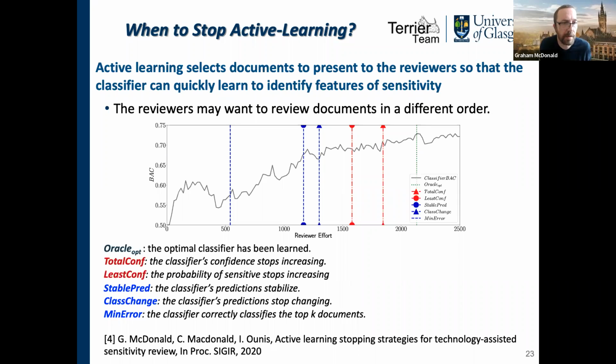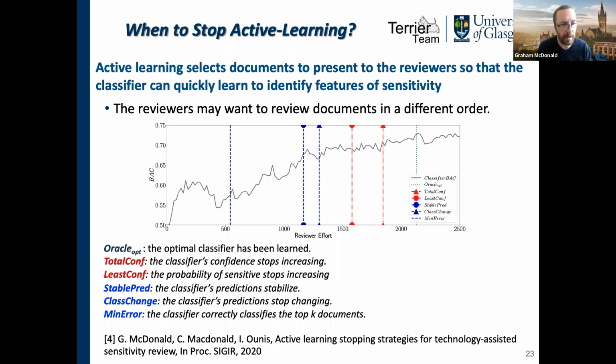So we've done some work on investigating when we should switch presentation strategies. When do you want to stop active learning and switch to a different presentation strategy for the reviewer? This is ongoing work, and it's an open question, but what we've found so far is that whenever a classifier makes a prediction, it has a confidence level or probability associated with it.